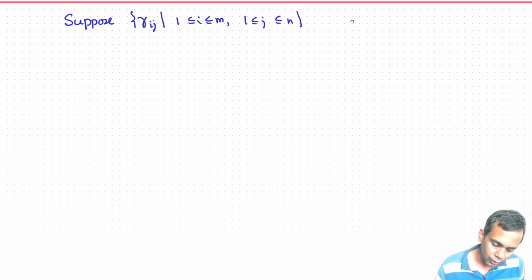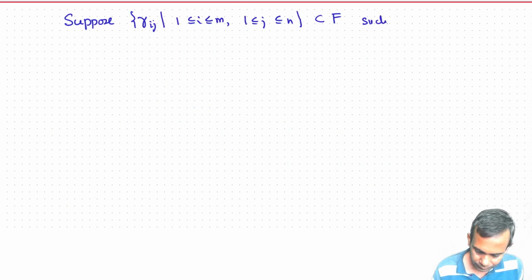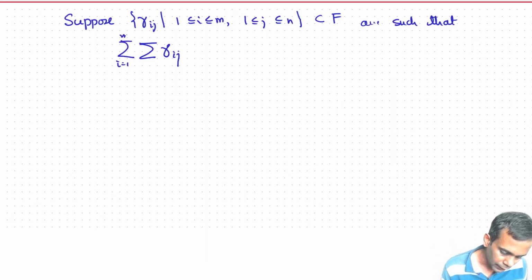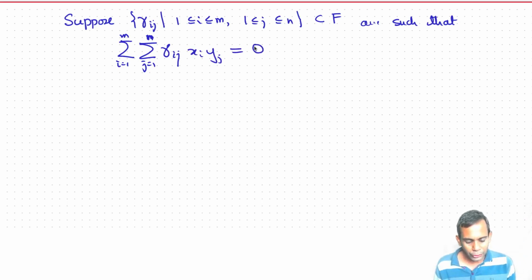These are elements of F, the smallest field here, such that the summation of gamma ij xi yj, i goes from 1 to m, j goes from 1 to n, is equal to 0. We need to show that each of the gamma ij's is equal to 0.